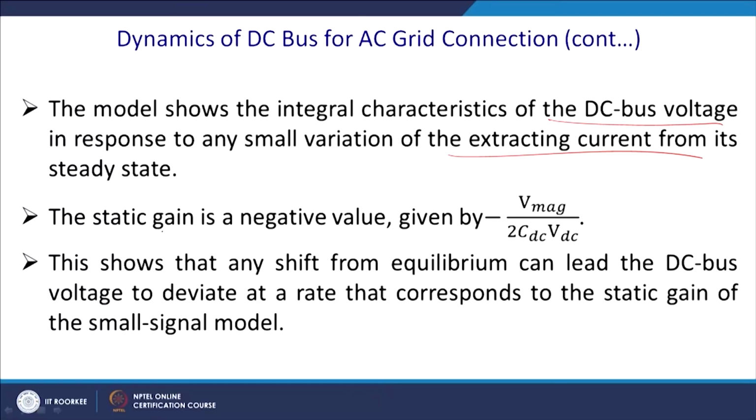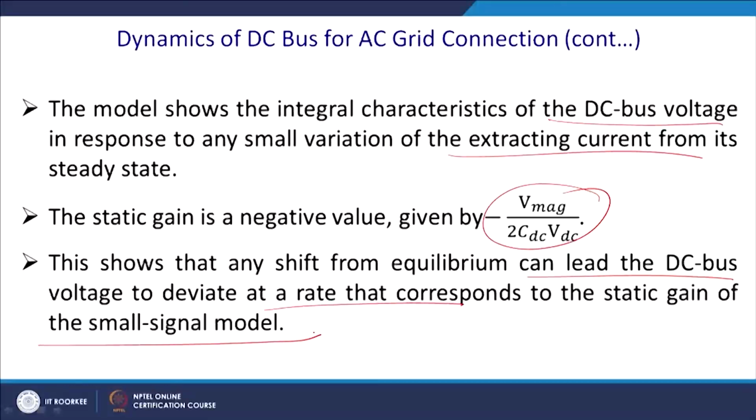And thus the steady state gain is a negative value and is given by minus V_MAG by 2 C_DC V_DC. This shows that any shift from the equilibrium can lead the DC bus voltage to deviate at a rate that corresponds to the static gain of the small signal model.